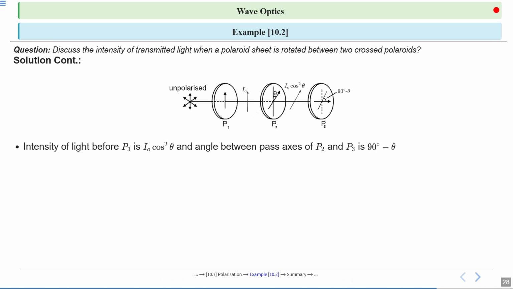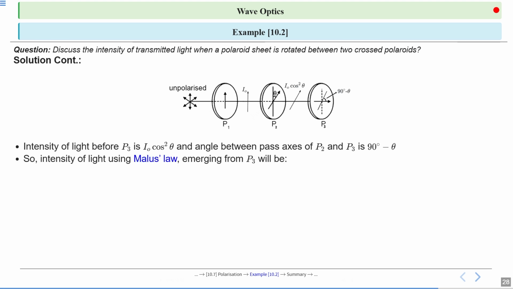The angle between the pass axes of P1 and P3 is 90 degrees. The angle between the pass axes of P1 and P2 is theta, and the angle between the pass axes of P1 and P3 is 90 degrees, so the angle between the pass axes of P2 and P3 will be 90 degrees minus theta.